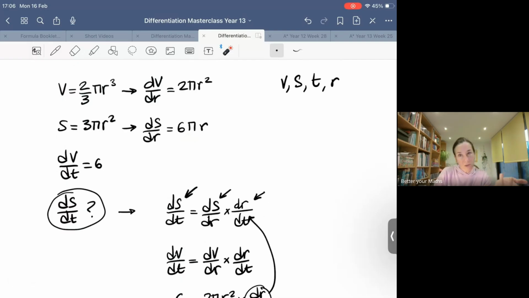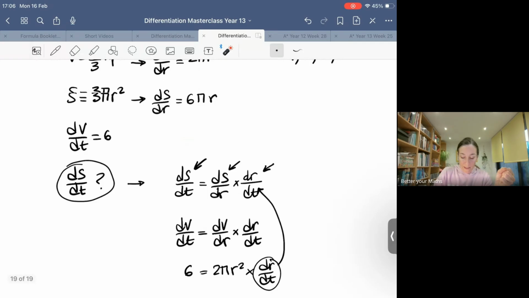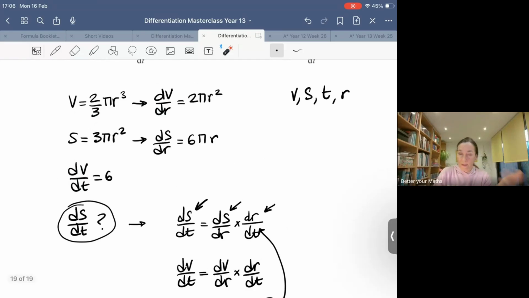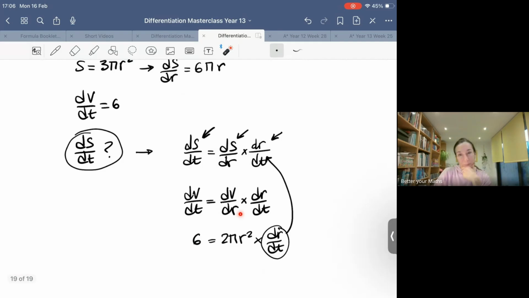So that's what I'm going to do, differentiate s with respect to r. Here is the same. So dv by dt will be dv with something else, and then something else with respect to t. What do I have v in terms of? Again, the radius. So it has to be dv by dr. So from here, I'm going to get dr by dt, substitute here, and be able to find the one that they asked me, that is this one.